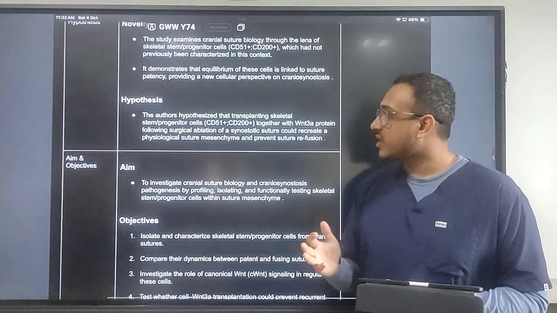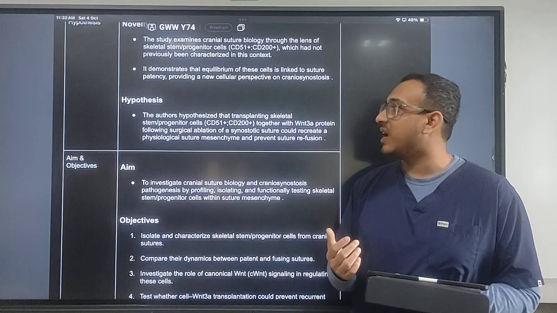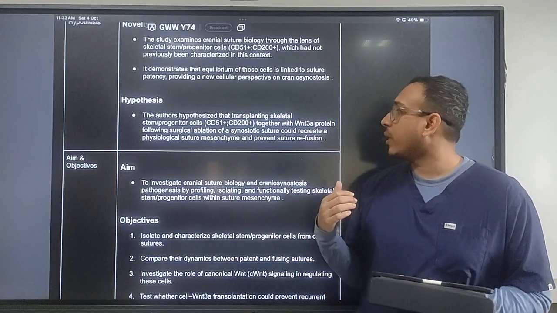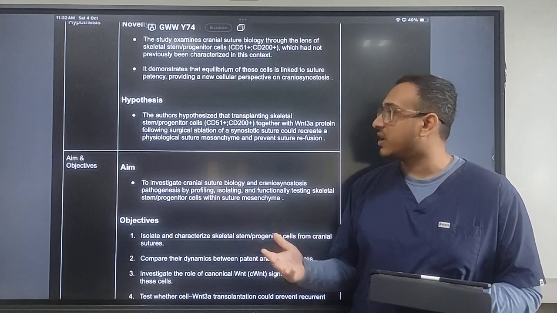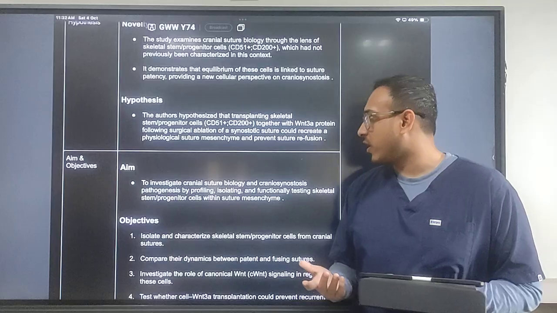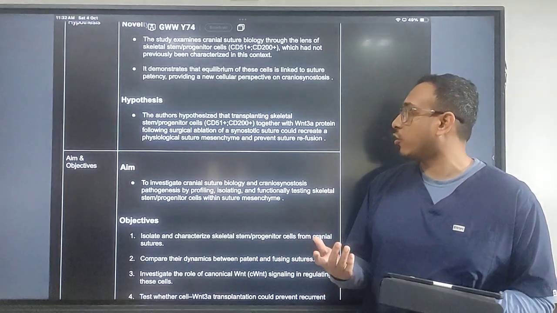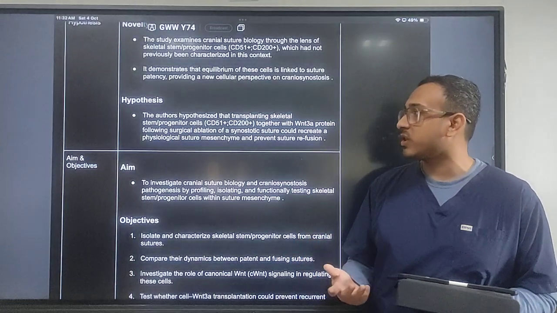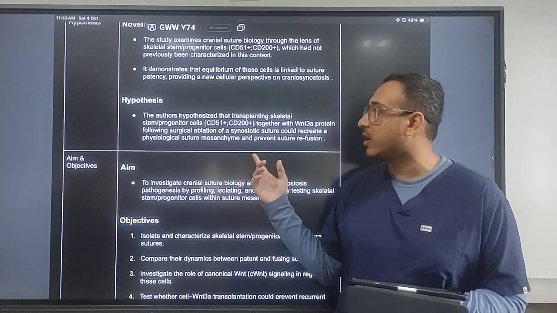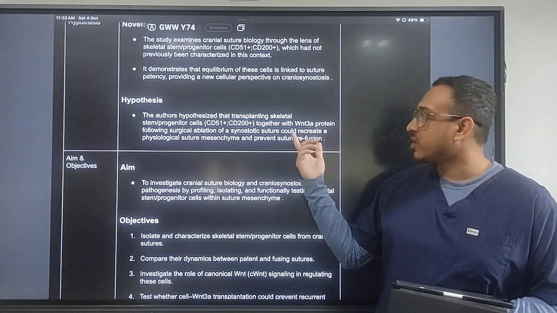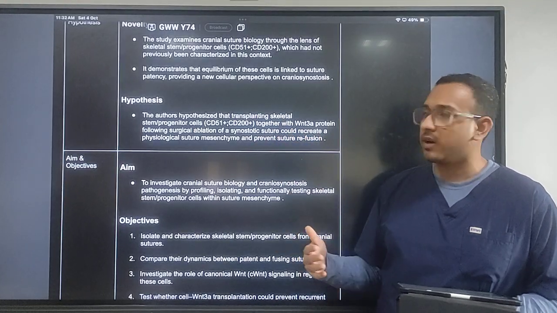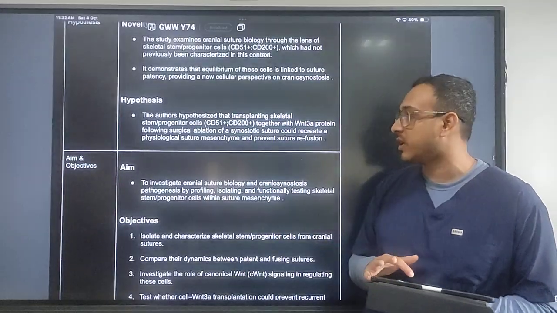The authors hypothesized that transplanting skeletal stem cells together with WNT3A protein following surgical ablation of a synostotic suture could recreate a physiological suture mesenchyme and prevent suture refusion. So they wanted to use the stem cells to recreate the sutures in the fused suture after the surgery.